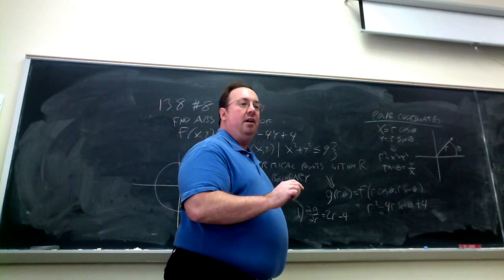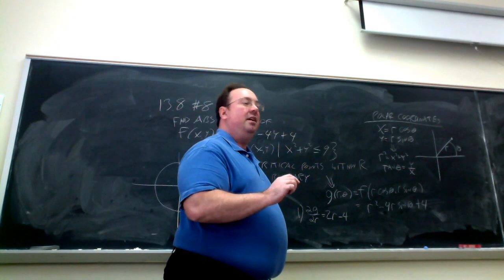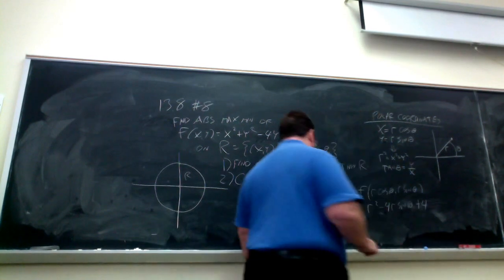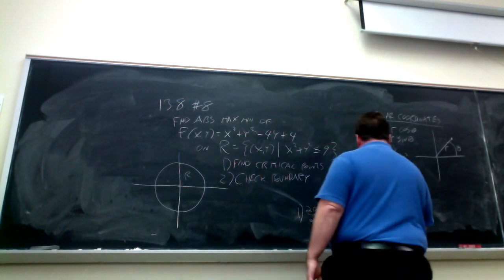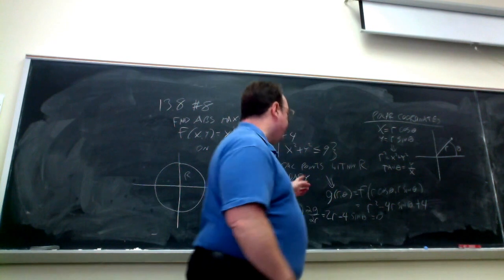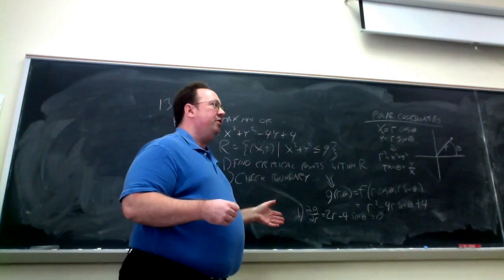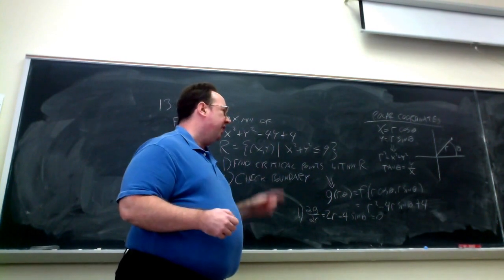Cosine? No, that's with respect to theta, so it'd be sine theta. Yes. So we're only differentiating with respect to r at this point. Okay. And we want this to be 0. Now, this equation involves both r and theta, so it's not really prudent to try to solve this equation for r and theta just yet. We need to look at the other one.